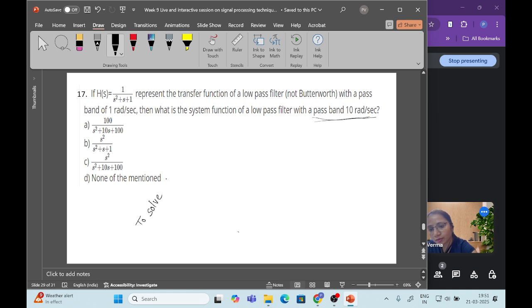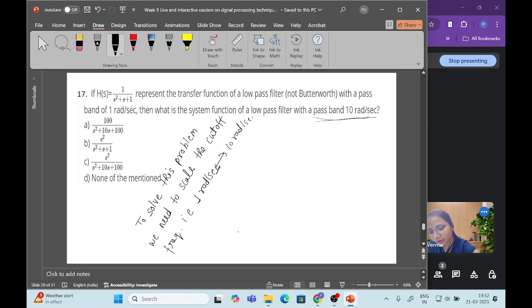To solve this problem, we need to scale the cutoff frequency, that is 1 radian per second in this case, to 10 radian per second. So that means s is replaced by s by K, where K is equal to 10, right?